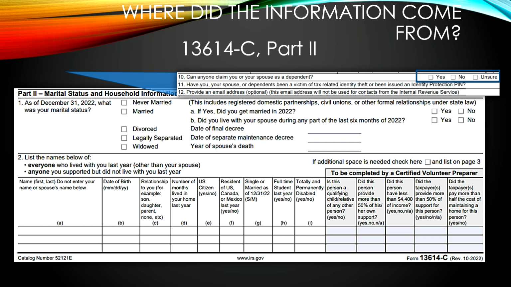Those are questions that our preparers fill out because we have a little more training, or we will have very shortly, on how to answer these questions and what kinds of tests we would need to run through in order to help determine whether or not the taxpayer can claim that person as a dependent.